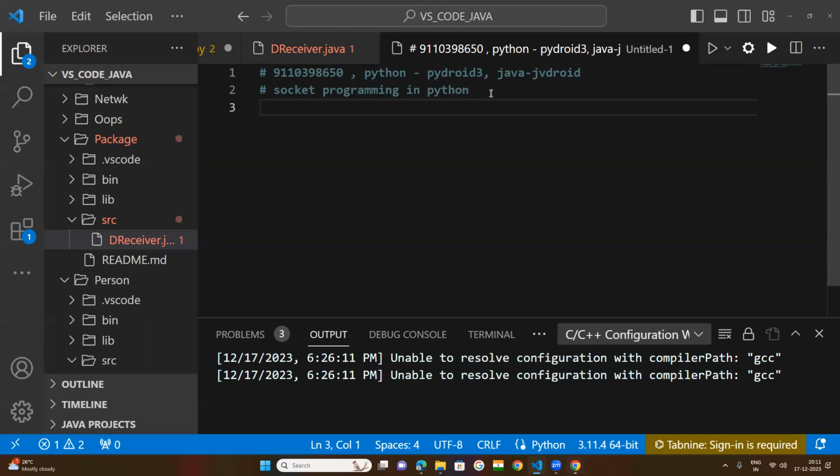First of all, let me explain some terminology. Okay. What is socket programming? Why do we need socket programming?